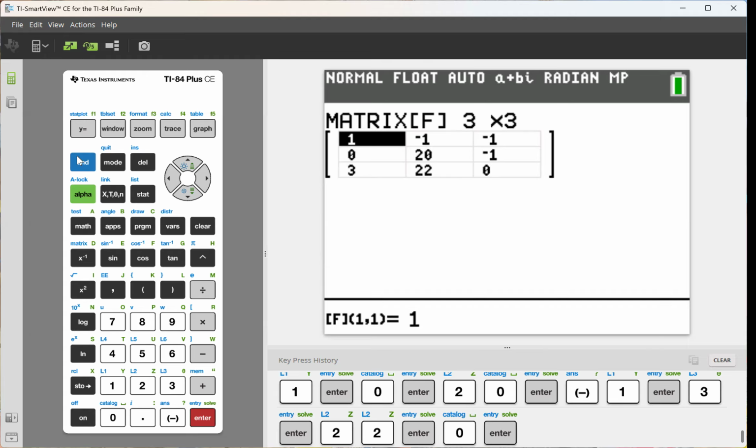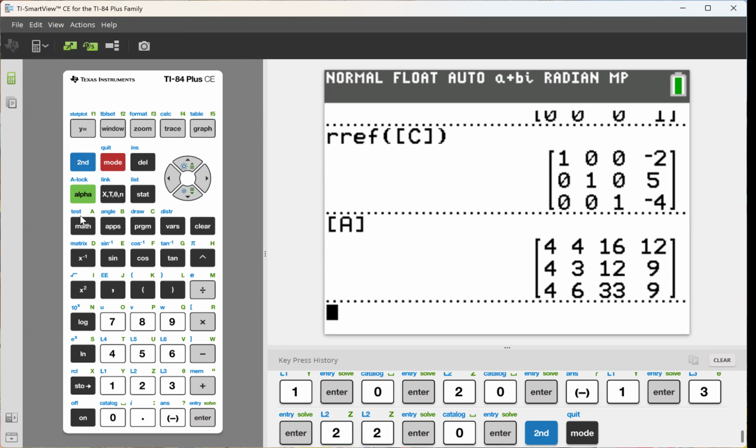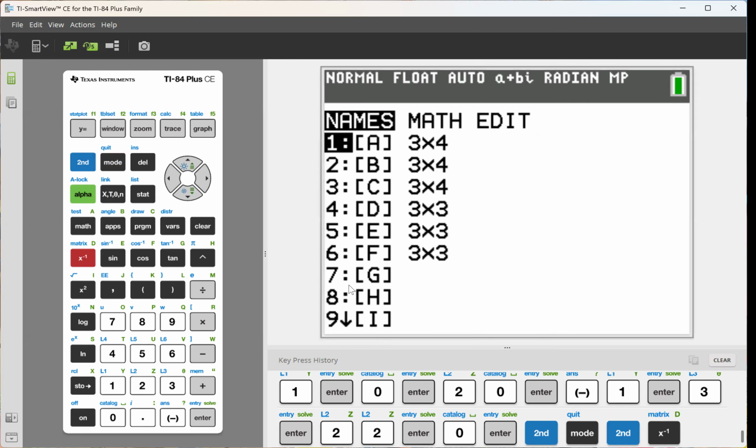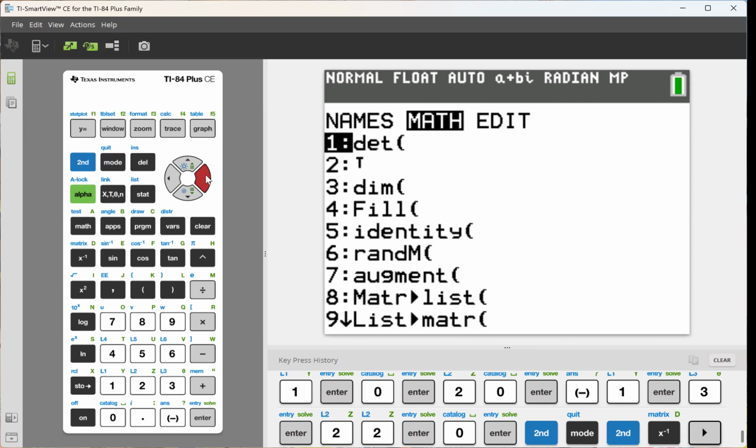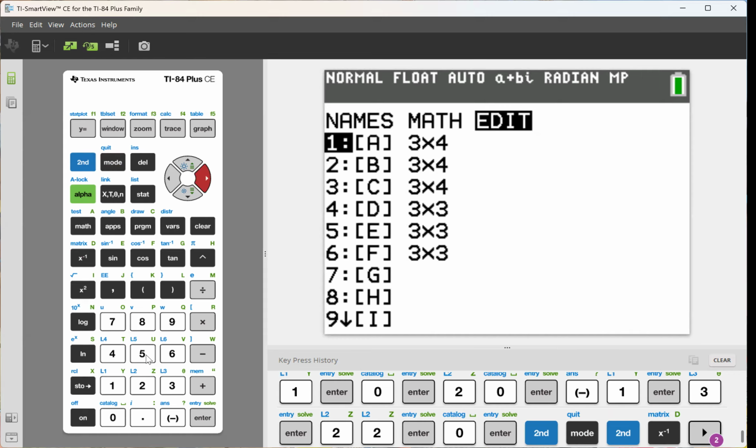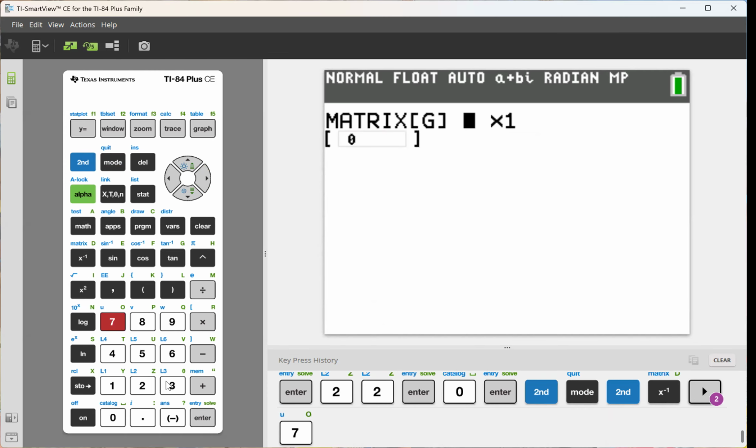Now the last one. Go back into our matrix menu. We're going to edit number G. Matrix G. It's a 3x3, 3 enter, 3 enter.